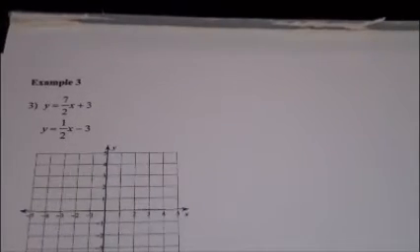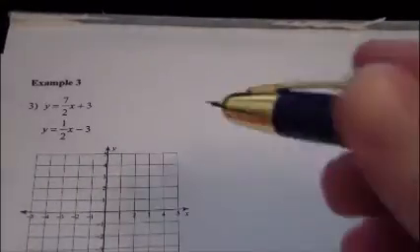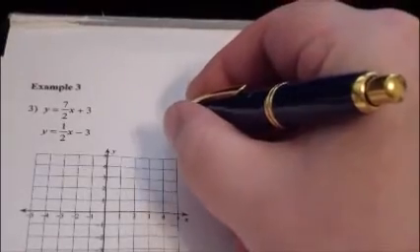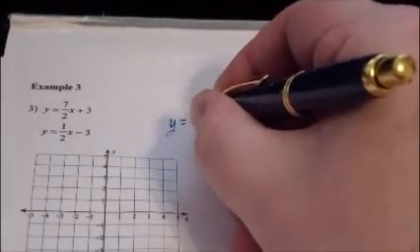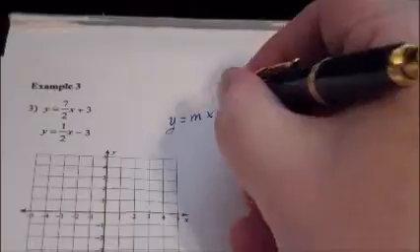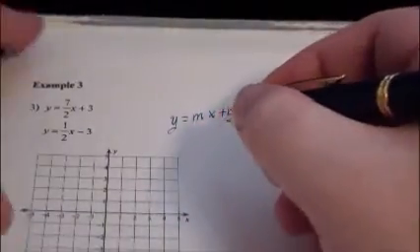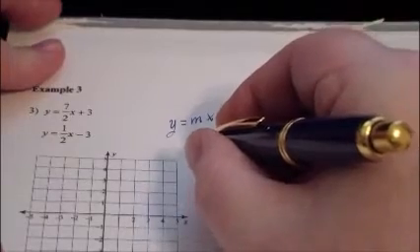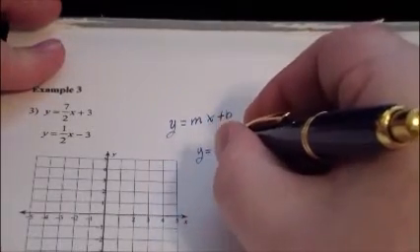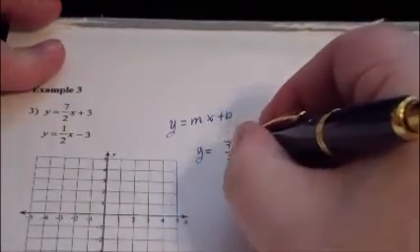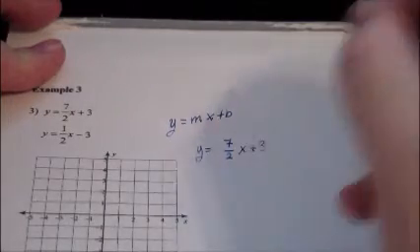Again, what we want to do is write up the equations in the form of y equals mx plus b. Luckily they're already there, but we want to identify the m and the b. Rewrite the equation. Do that little bit of work. A little extra step. It will help you out in the long run.